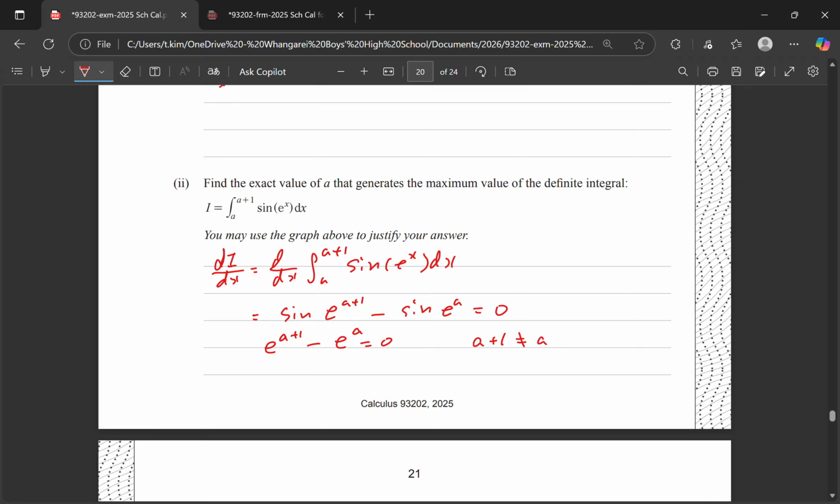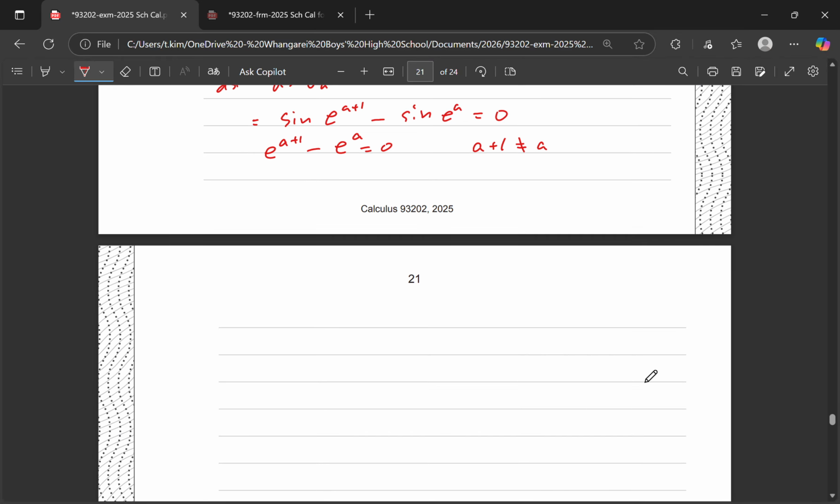They are different, obviously. So what we have to do is use a general solution. What I mean is e to the power of a plus 1 equals n pi plus minus 1 to the power of n times e to the power of a. That's the general solution for the sine graph. Obviously n can't be 0 in this case, as I already explained, a plus 1 is not a.